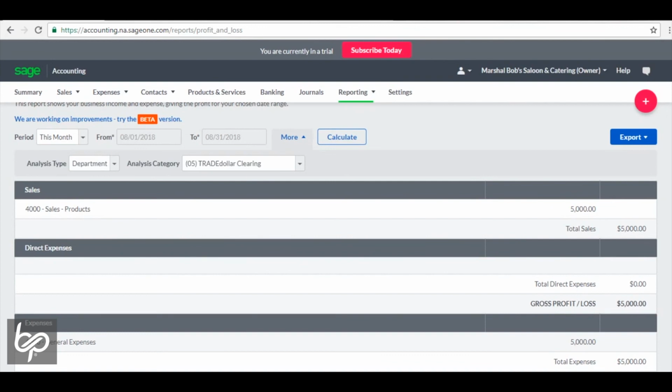The overall trend, when it's all said and done, should be that this department is zero. The key is that whatever ratio you're allowing the purchasing department to make their decisions on, the sales department has to be utilizing the same ratio.